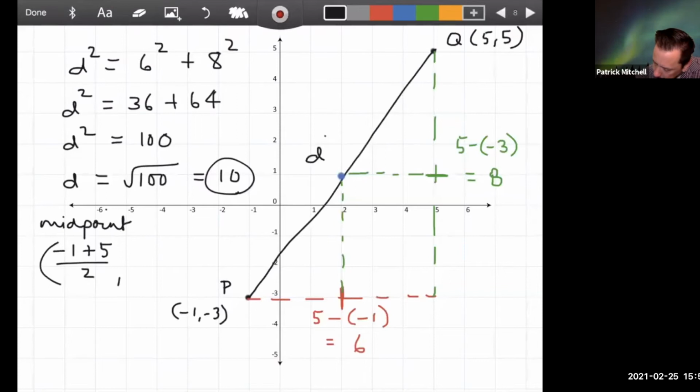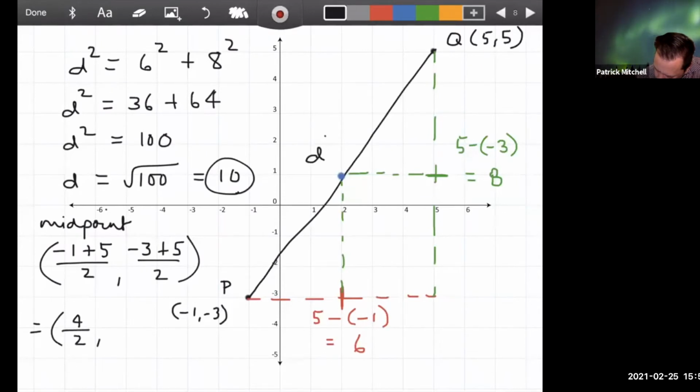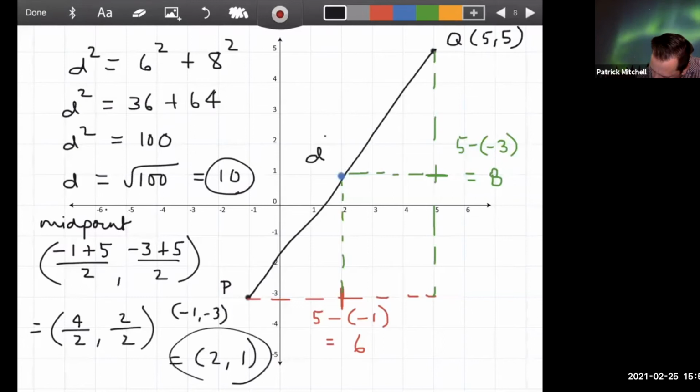And then do the same thing with the y's. The first y coordinate is -3, the second y coordinate is 5, divide by 2. -1 plus 5 is 4. -3 plus 5 is 2. 4 divided by 2 is 2. 2 divided by 2 is 1. Okay, so that agrees with the point that we have labeled there.